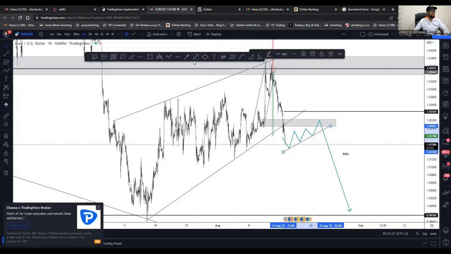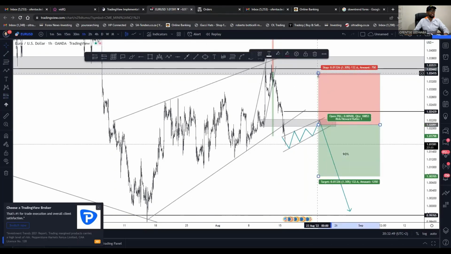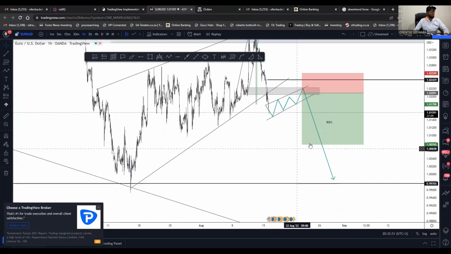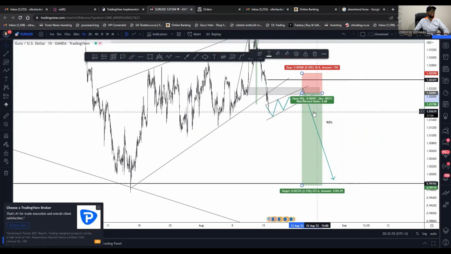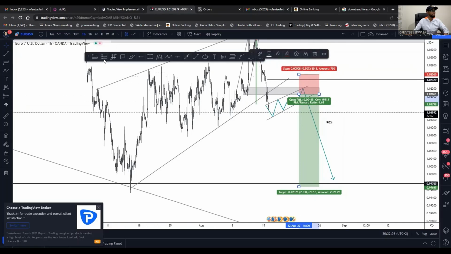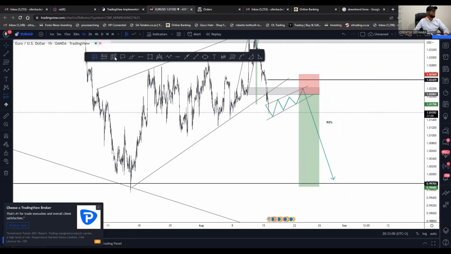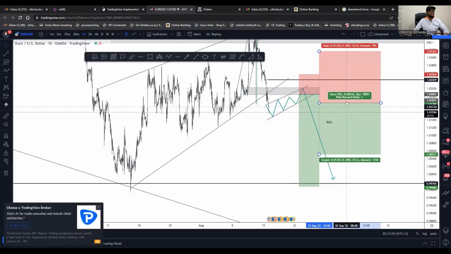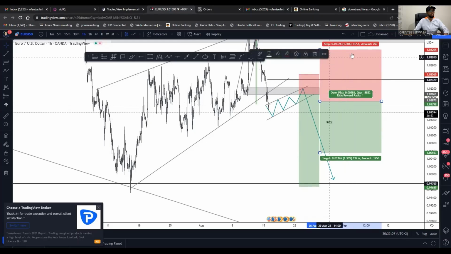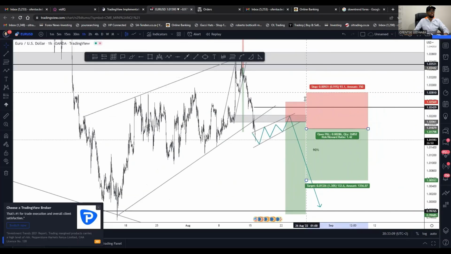Correction, and then I will draw this similar pattern. Then I will further scale in. By scaling in, I mean I'll be increasing my orders, adding more sell orders here at the risk again, and I'll take another one at the break of this rising wedge.